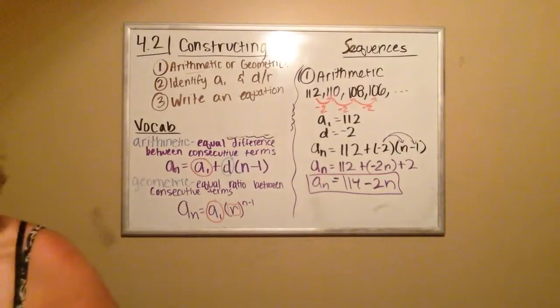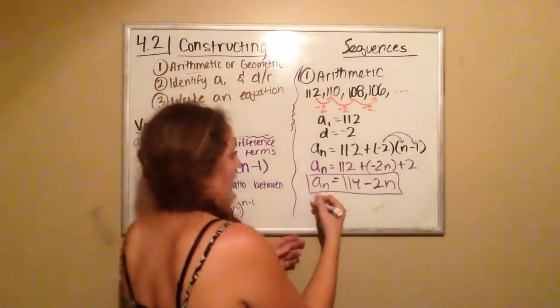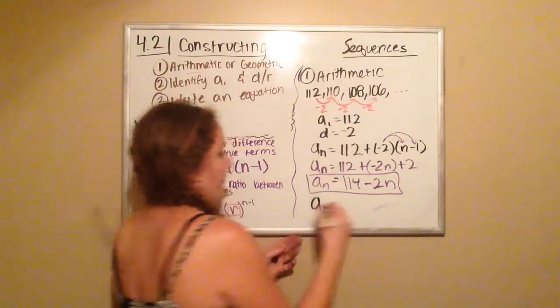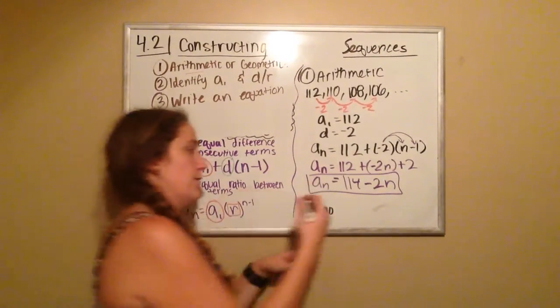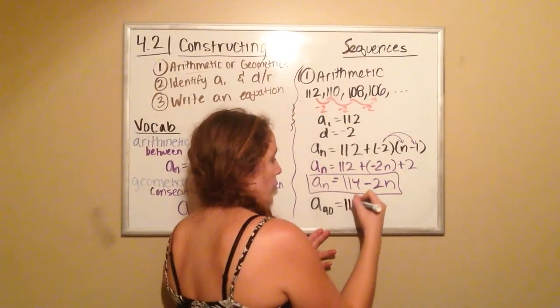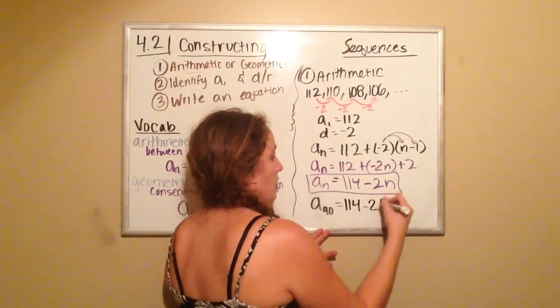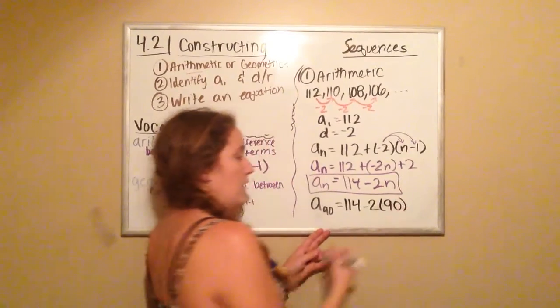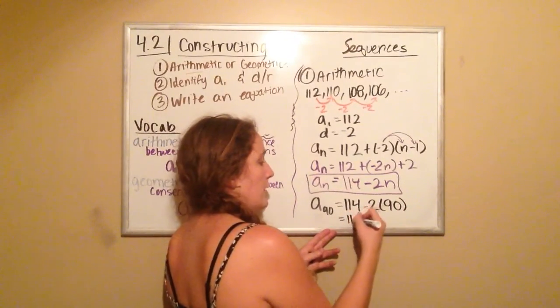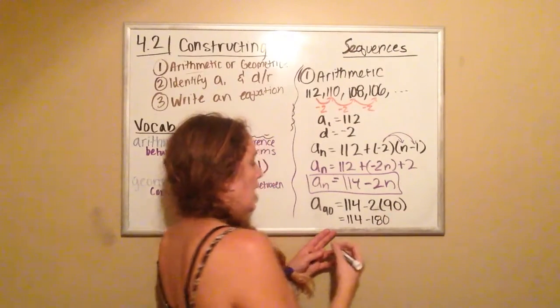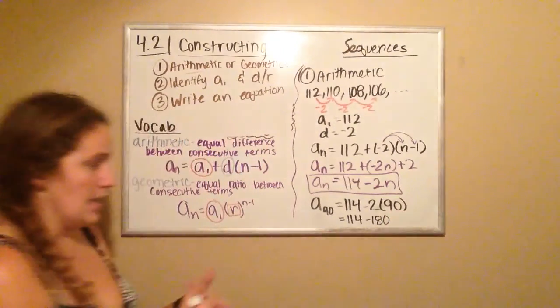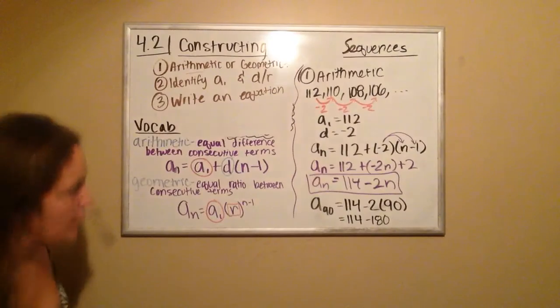And let's say I'm going to ask you to find the 90th term. When I ask you to find the 90th term, that means you're plugging 90 in for n. So we get 114 minus 2 times 90. Okay, so we get 114 minus 180, which actually ends up giving us a negative number.